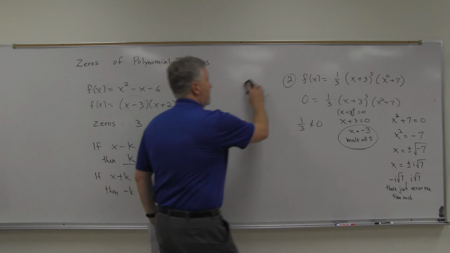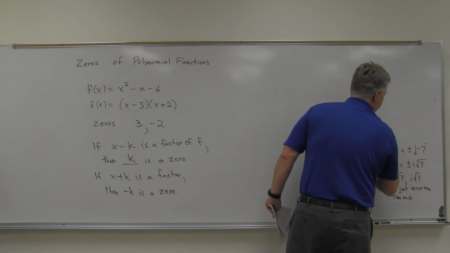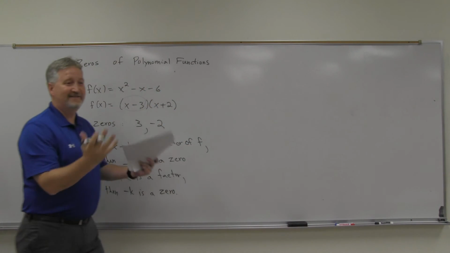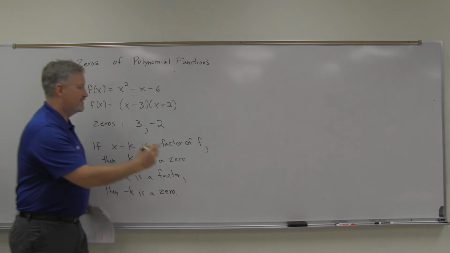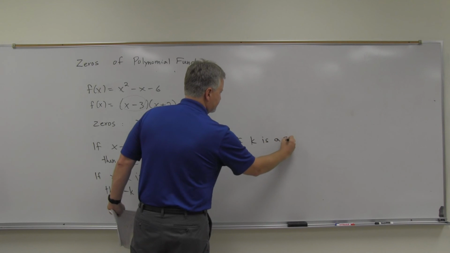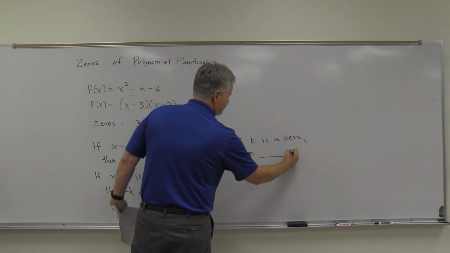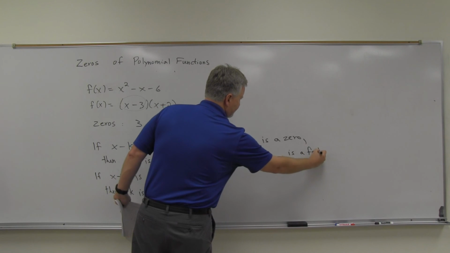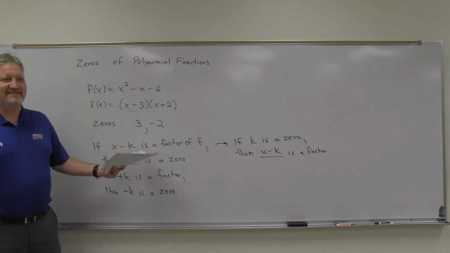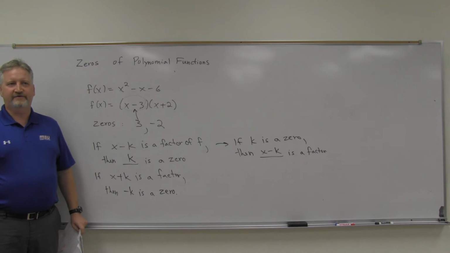All right. Now, here's what I'm really going for. It works the other way too, doesn't it? If k is a 0, then what's a factor? x minus k. Yeah. It works the other way too, doesn't it? Because if I have this as 0, then I can automatically say that's a factor.